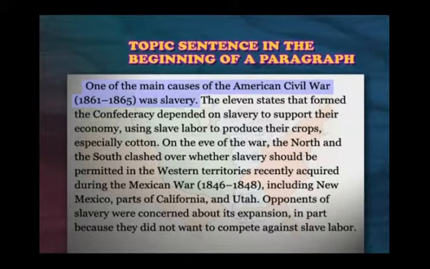On the eve of the war, the North and the South clashed over whether slavery should be permitted in the Western territories recently acquired during the Mexican War, 1846 to 1848, including New Mexico, parts of California, and Utah. Opponents of slavery were concerned about its expansion, in part because they did not want to compete against slave labor. So in this instance, I put my topic sentence first to clearly state to my readers what was going to happen in the rest of my paragraph.